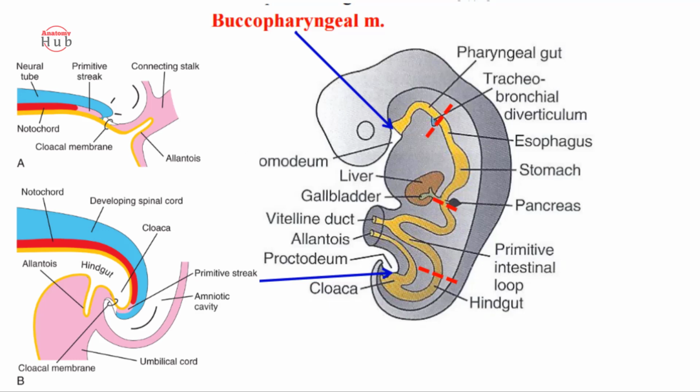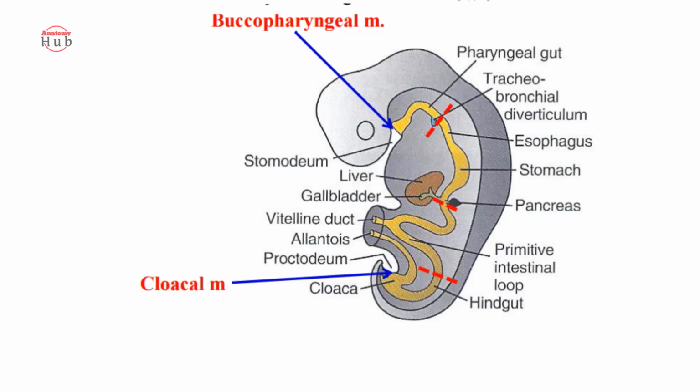This encloses the dorsal part of the yolk sac within the tail fold. It forms the hindgut. The terminal part of this hindgut is dilated to form the cloaca. It forms the primordium of the urinary bladder and rectum and is covered by the cloacal membrane.